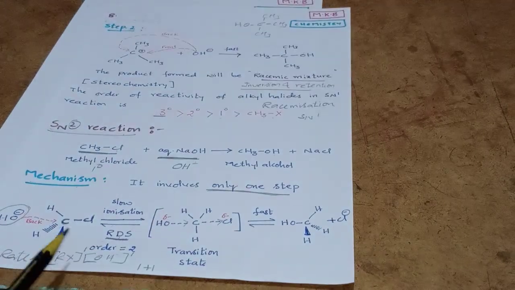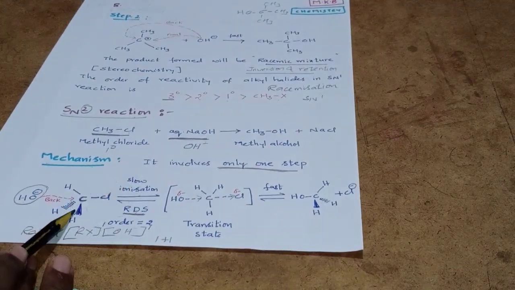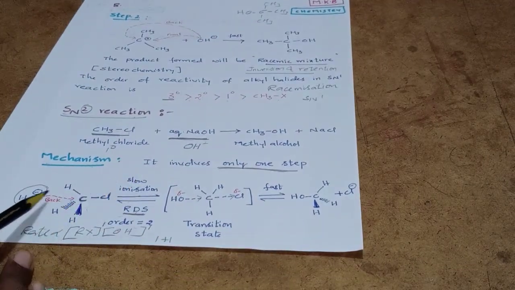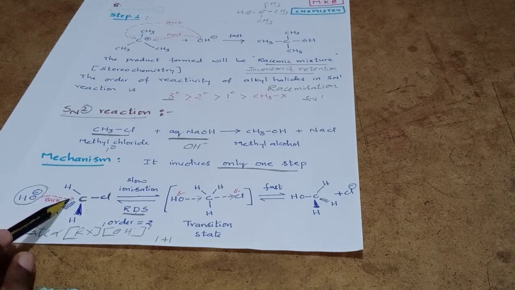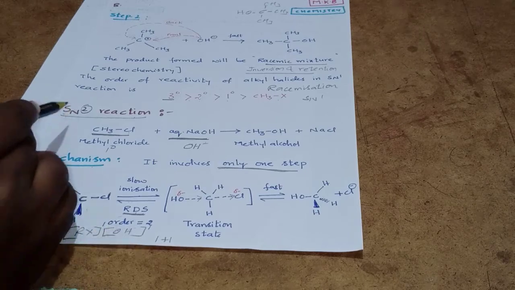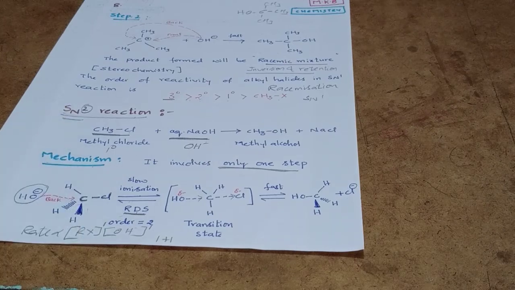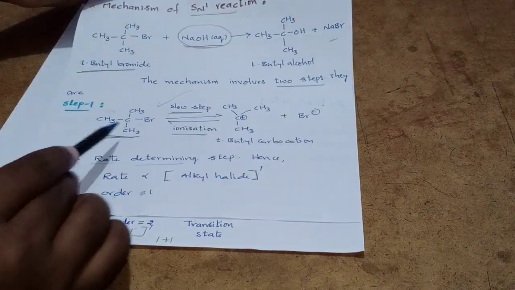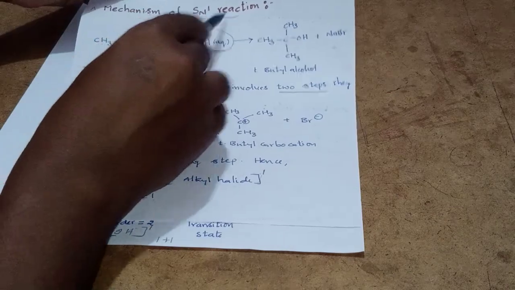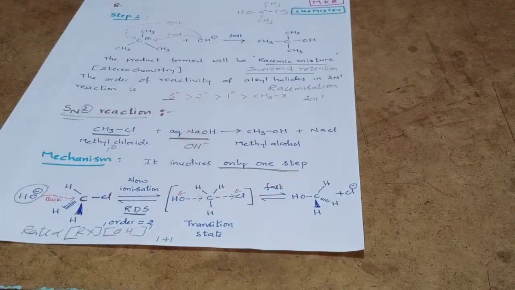But it does not happen in case of primary alkyl halide, because from back side there is sufficient space, so that it can attack, and hence it is SN2 reaction, whereas the tertiary butyl halides undergo SN1 reaction. So this is about the mechanism of SN2 reaction. Thank you.